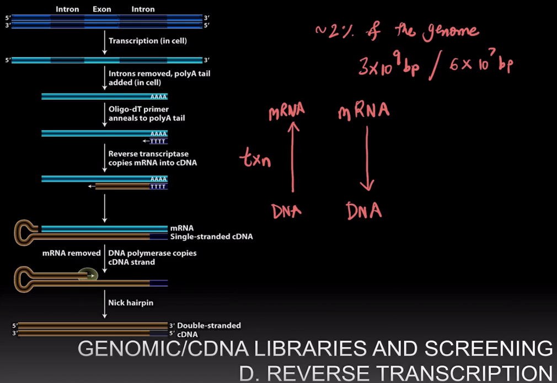And if we could reverse this process, which is we could reverse transcribe mRNA into DNA, then we would have only the coding part of the genome, and not all the other parts, the non-coding parts of the genome that we are not interested in.